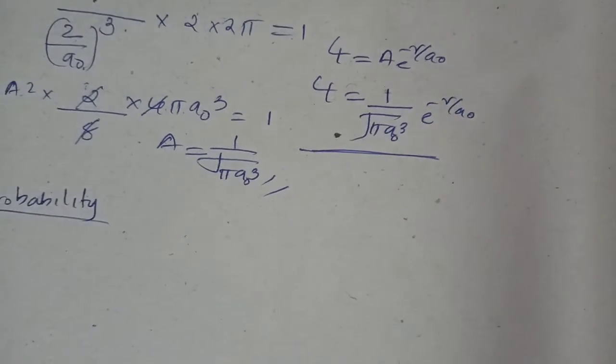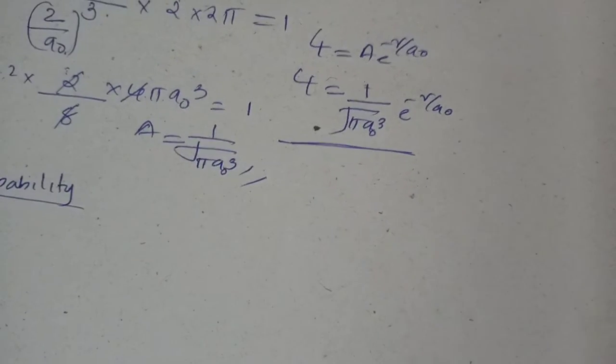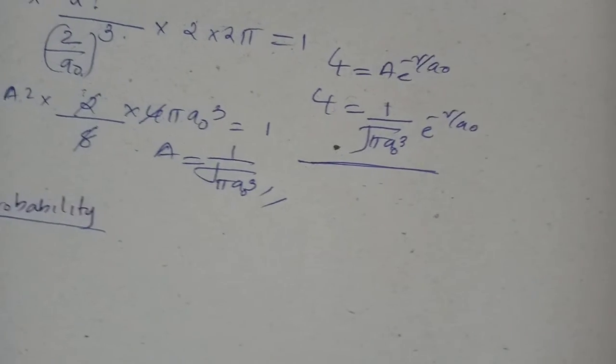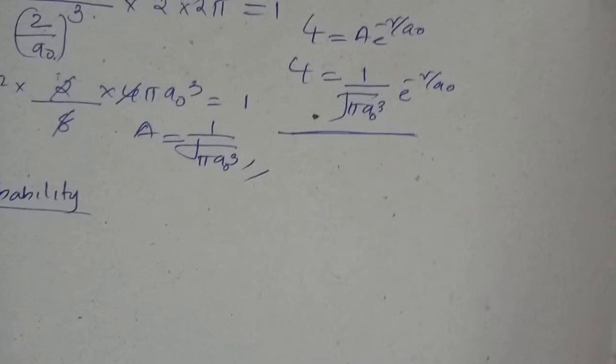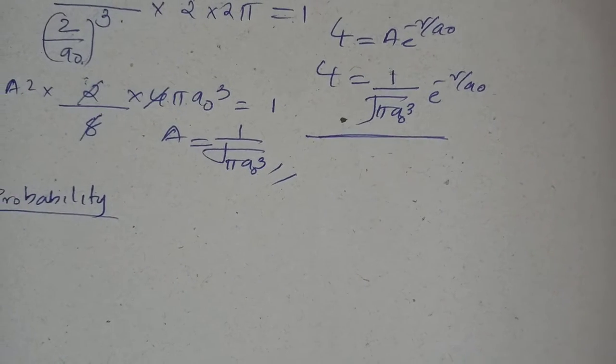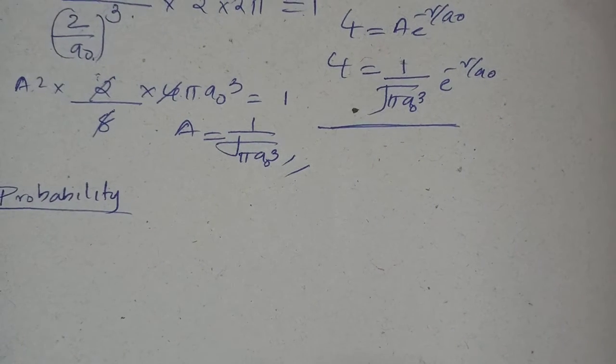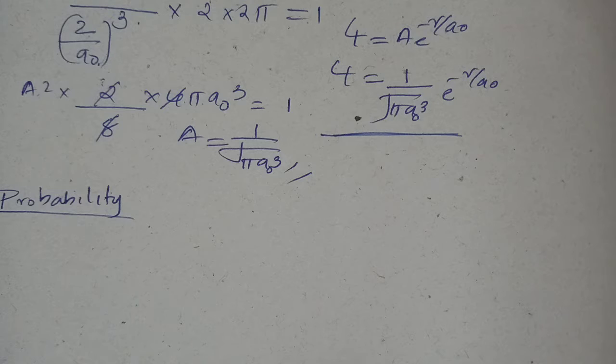So what do you mean by probability? A particle may exist anywhere, so we have to set a limit and then state a probability.